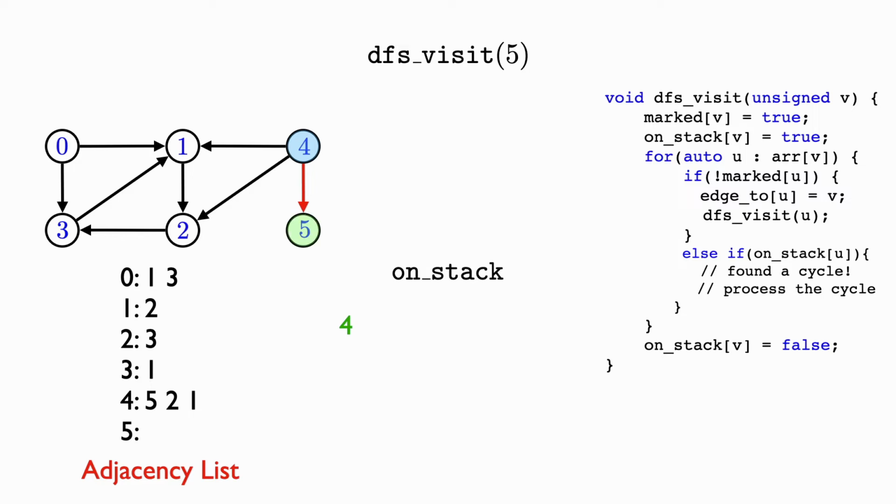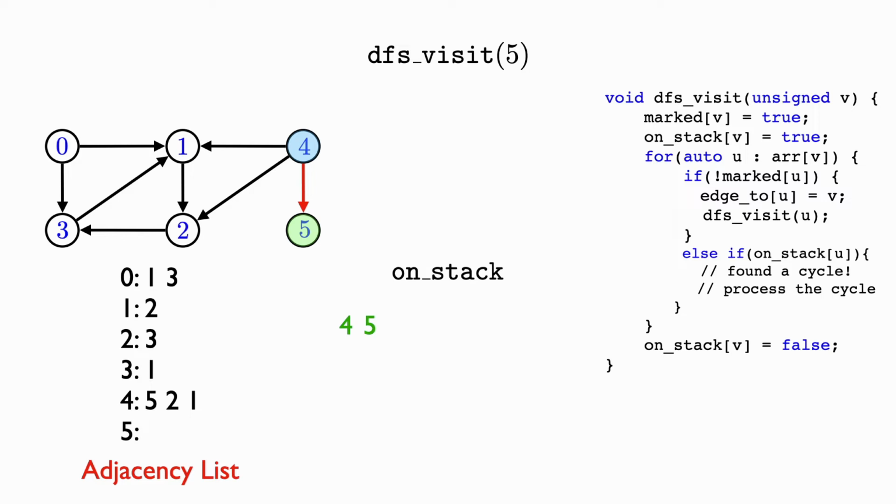So we mark vertex 5, and it goes on stack. I color vertex 5 green now to indicate that we are actively in the call of DFS visit on vertex 5. Vertex 4 is colored blue to indicate that the call to DFS visit on vertex 4 has not yet terminated. So vertex 4 is still on stack.